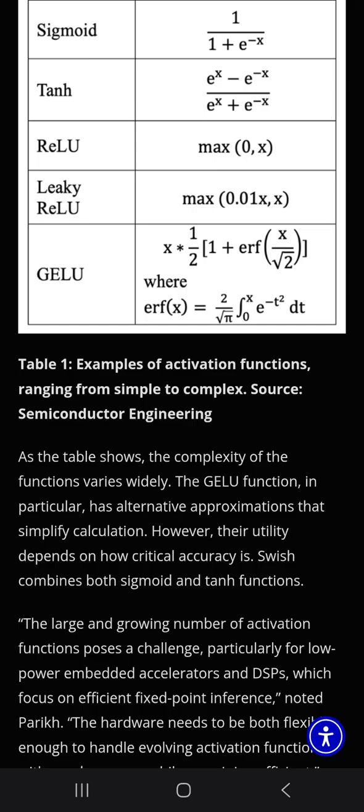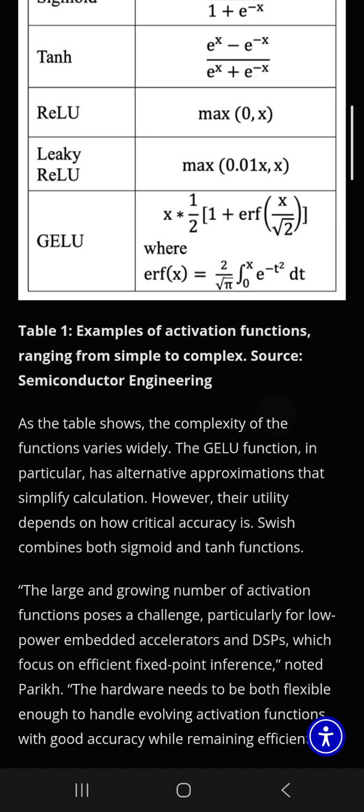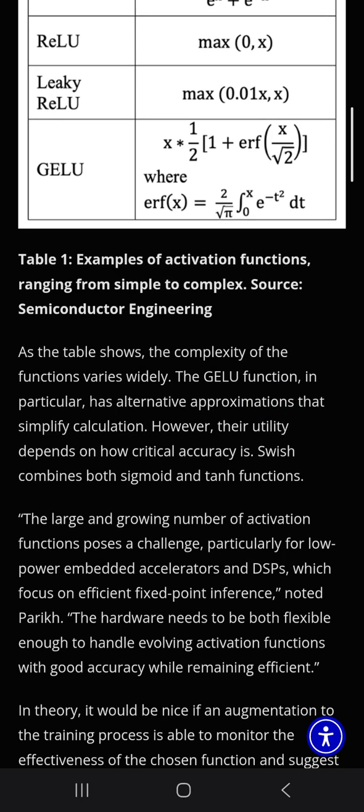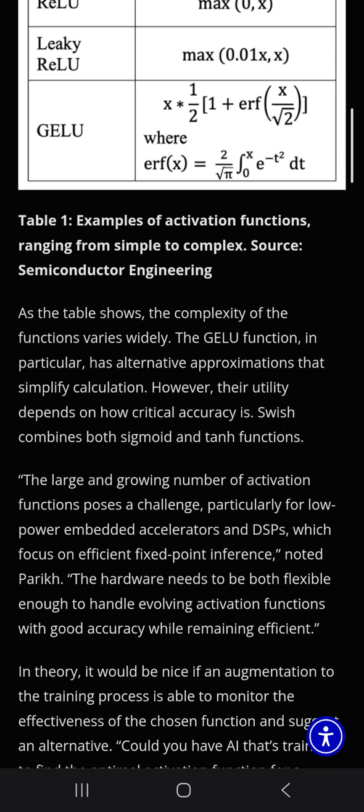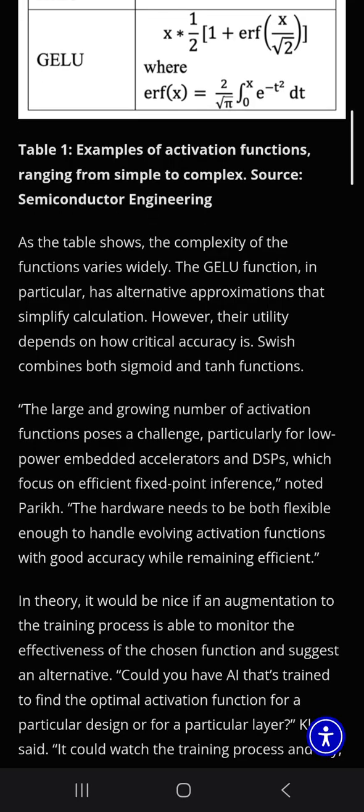Examples of activation functions, ranging from the simple to complex. Source: Semiconductor Engineering. As the table shows, the complexity of the functions varies widely. The GELU function, in particular, has alternative approximations that are simpler to calculate. However, their utility depends on how critical accuracy is. Swish combines both sigmoid and tanh functions.